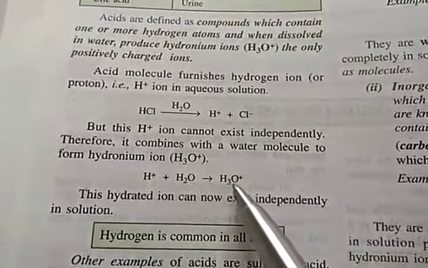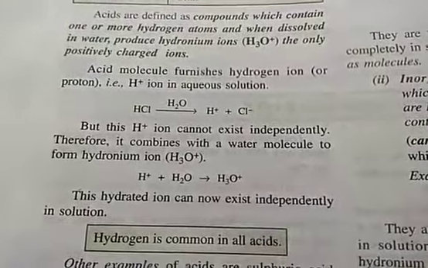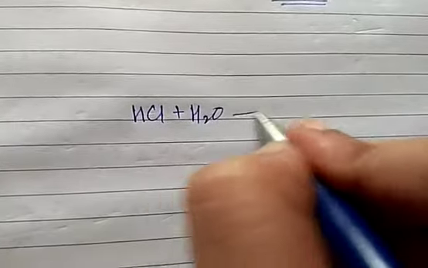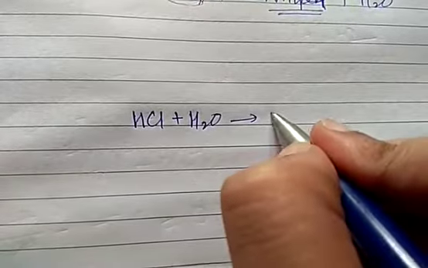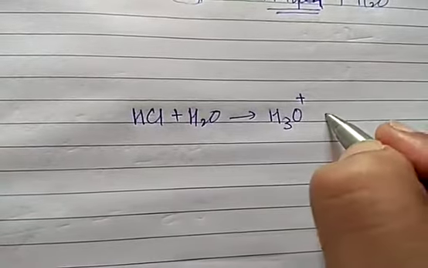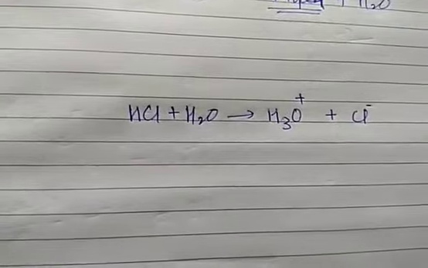So just let me write the reaction in the combined way. So it will become HCl plus H2O gives H3O+ and Cl-.